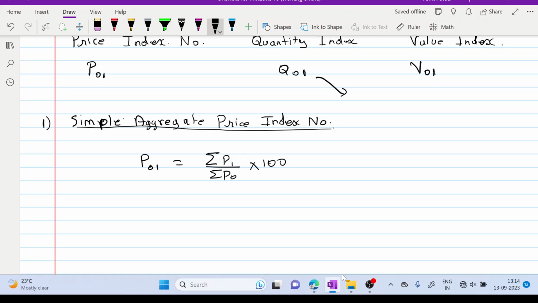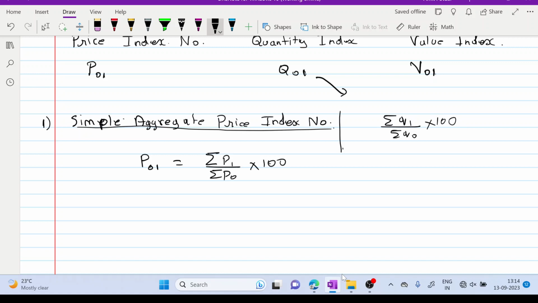For simple aggregate, it will come as summation Q1 upon summation Q0 into 100. So this will be Q01. Simple aggregate price index number, and this will be the simple aggregate quantity index number.